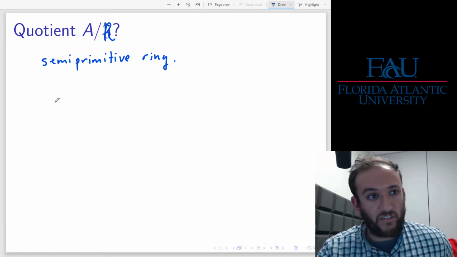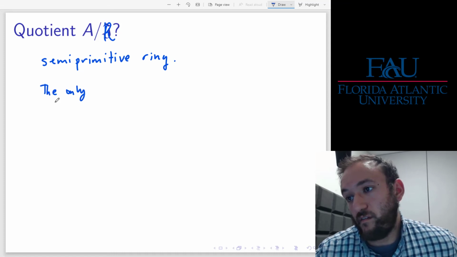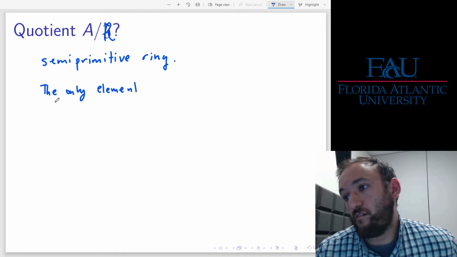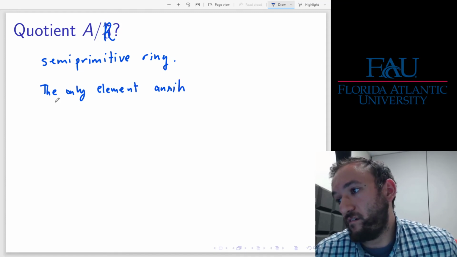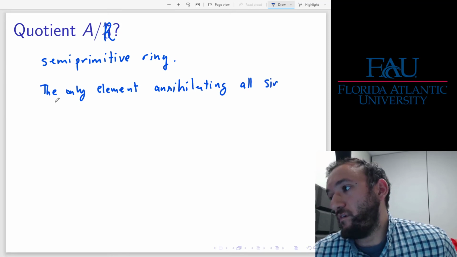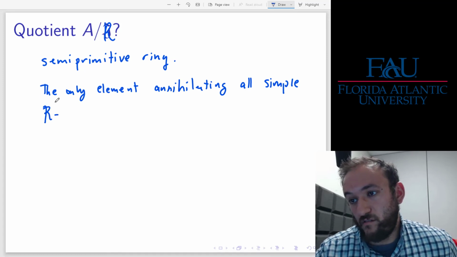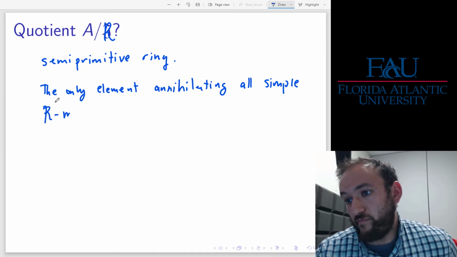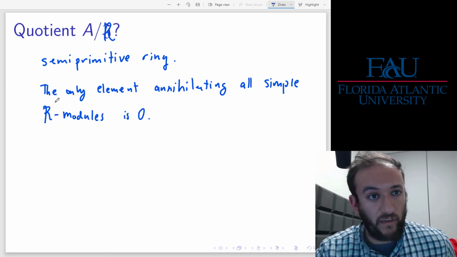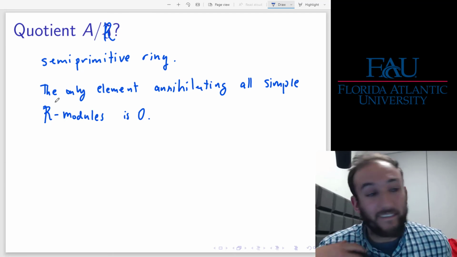The definition of semi-primitivity has to do with the fact that the only element annihilating all simple R modules, where R is the quotient ring, is 0. That's semi-primitivity. I don't expect you to understand this definition, but it's useful.